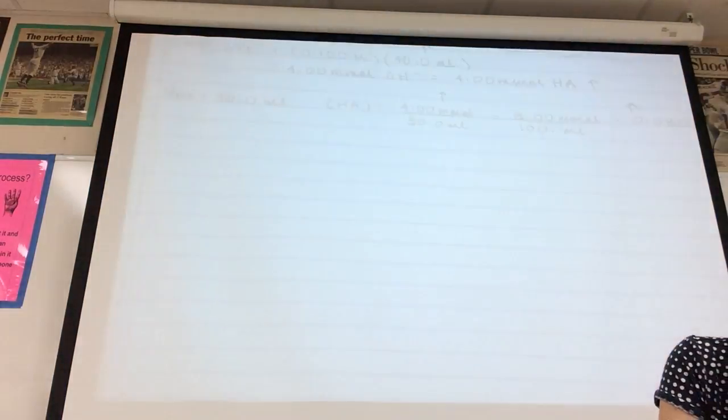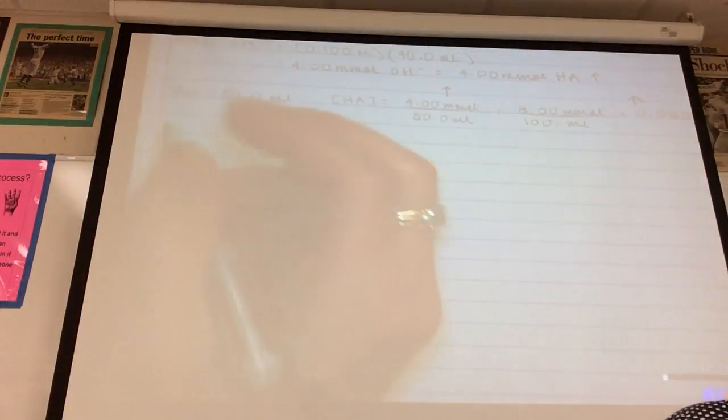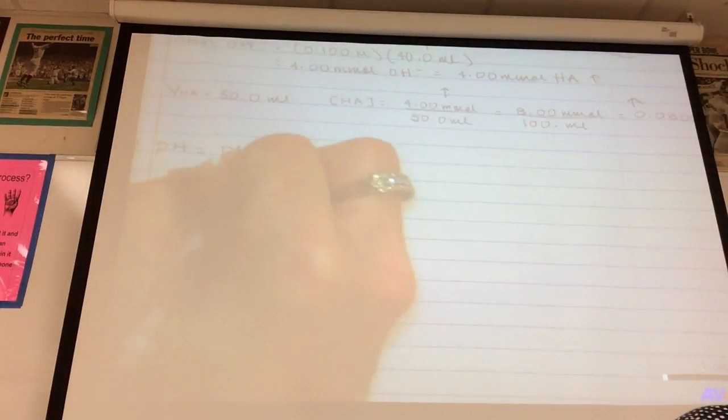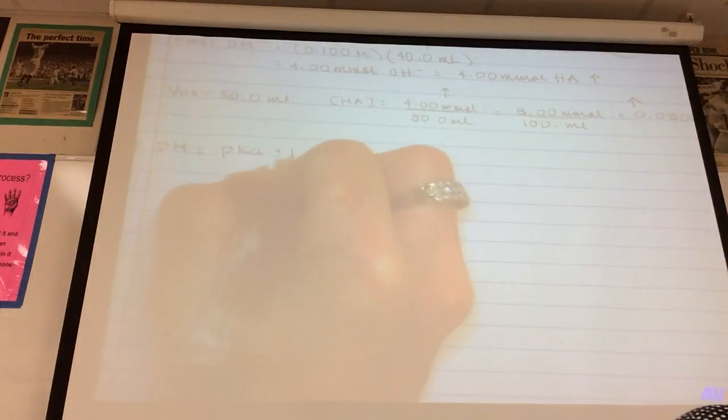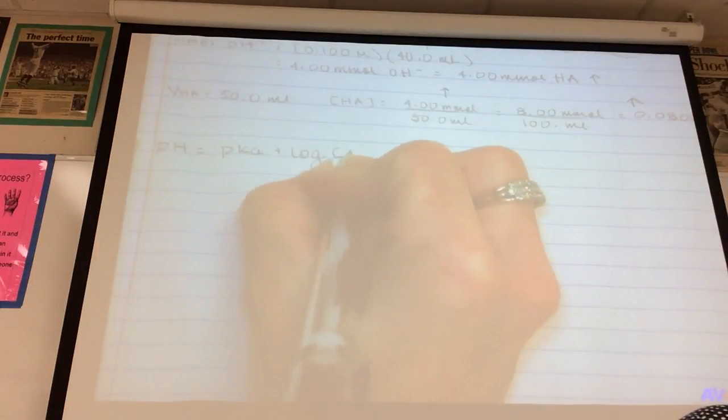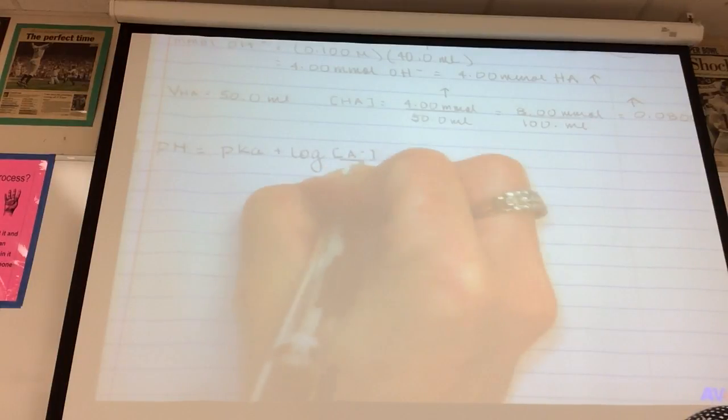Couple things I want to mention again. With Henderson-Hasselbalch, you have pH is equal to pKa plus the log of the conjugate base over the weak acid.